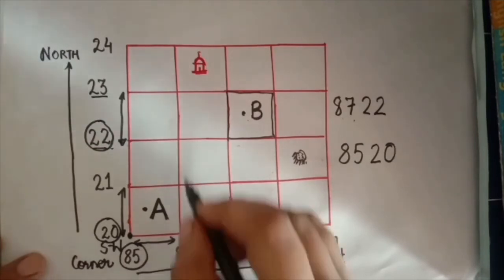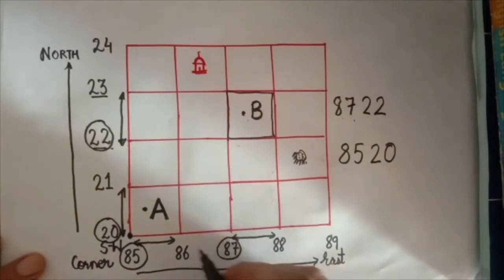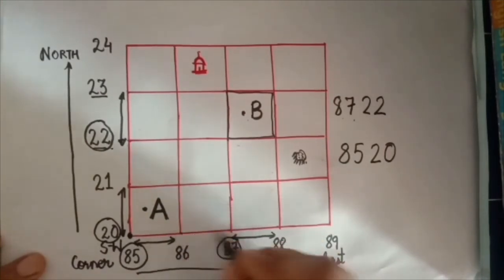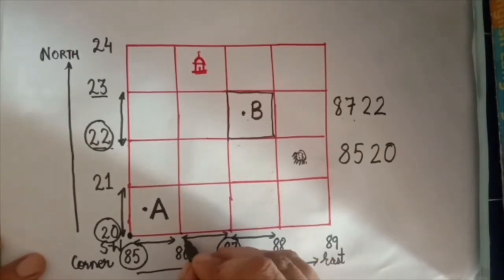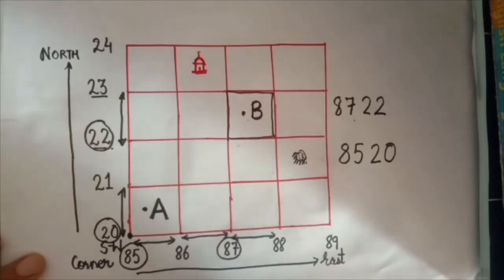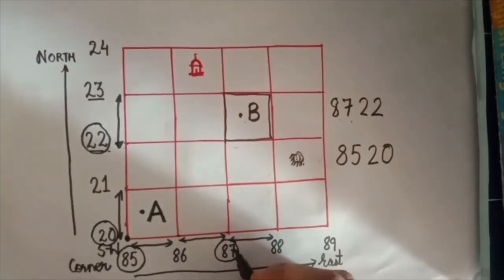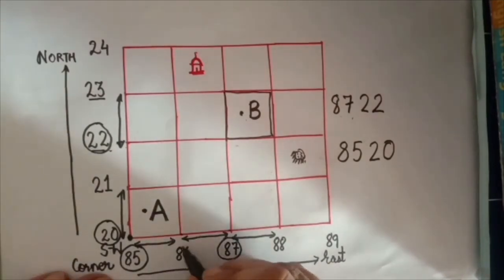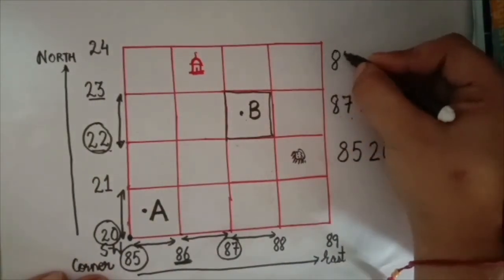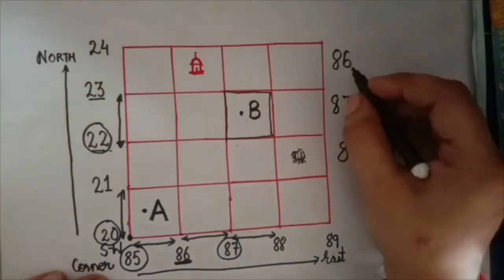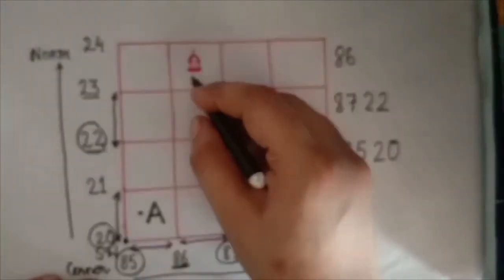We can see that the temple lies between the eastings 8,6 and 8,7. Now, which is the lower value among 8,6 and 8,7? Obviously, it's 8,6. So, we'll write down 8,6 as the eastings of this temple.